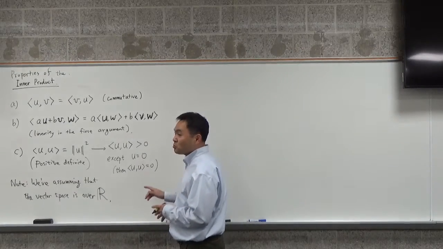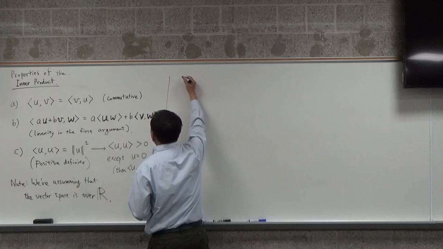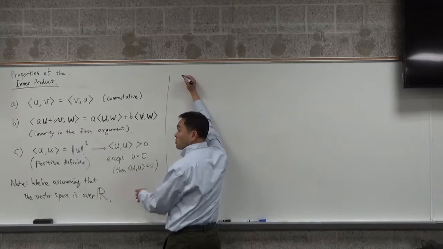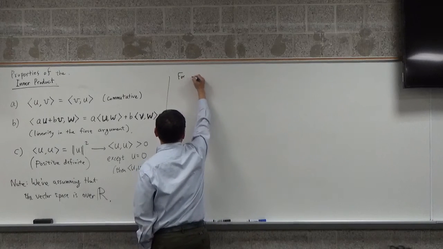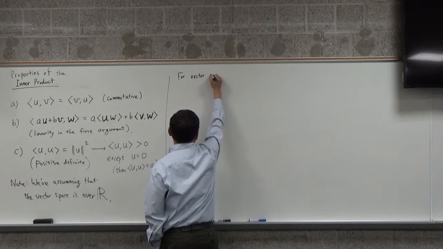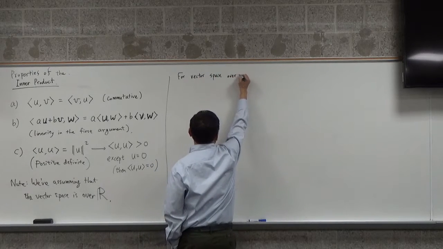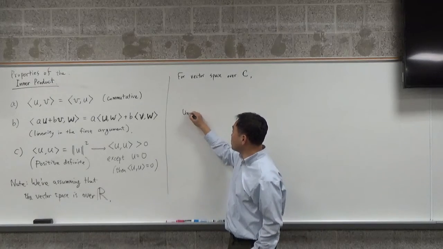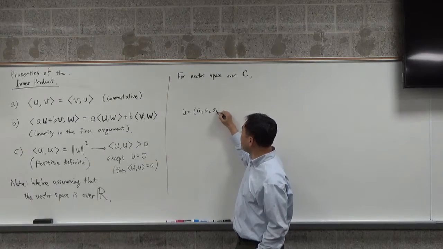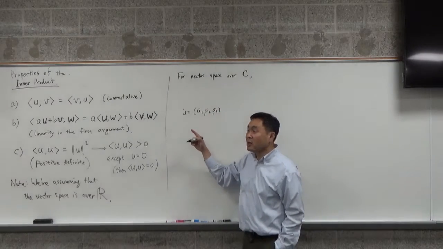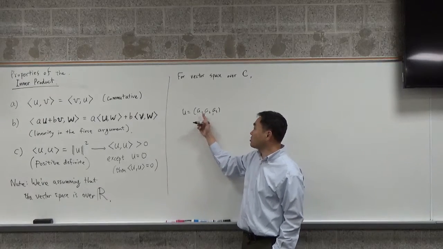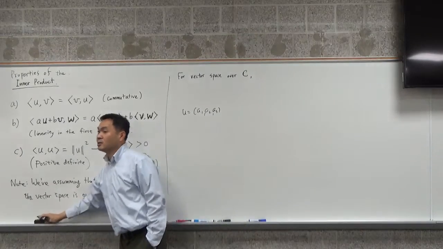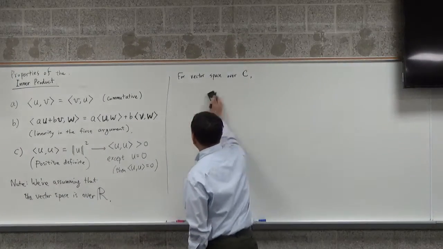But usually, when you work with a vector space over C, imagine that what I was calling U equals a1, a2, a3. Think of this vector. Now, being over C suddenly means that these numbers can be complex numbers instead of real. And those actually do help.